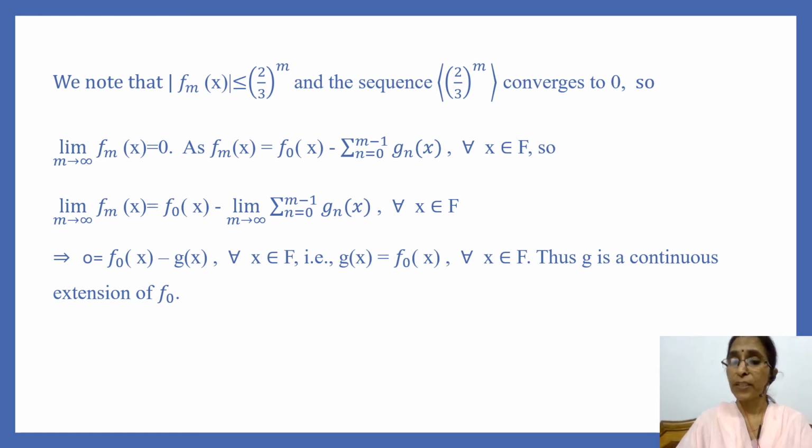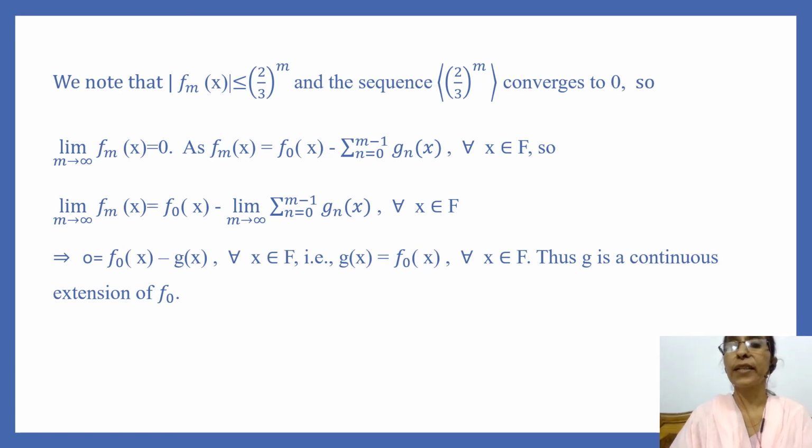By definition of f_m, f_m(x) = f_0(x) − Σ g_n(x), n varies from 0 to m−1, for every x belongs to F. So if we apply the limit as m tends to infinity, then the left hand side becomes 0, and the series summation g_n(x), n from 0 to m−1, becomes the summation of the series g_n(x), n varies from 0 to infinity, and this is equal to g(x).